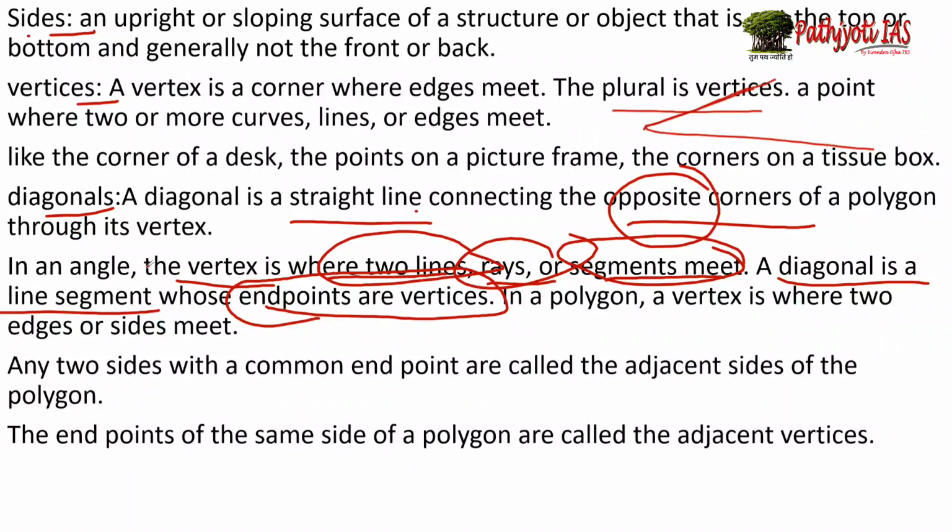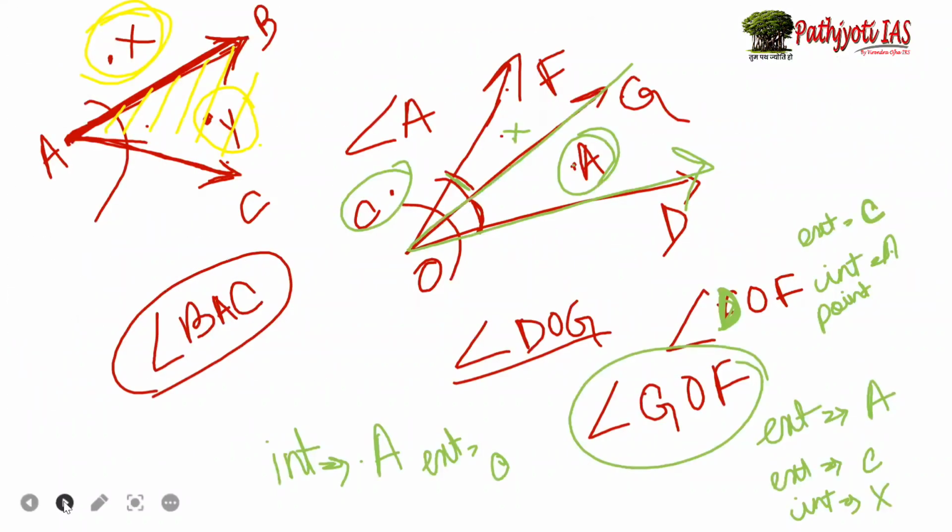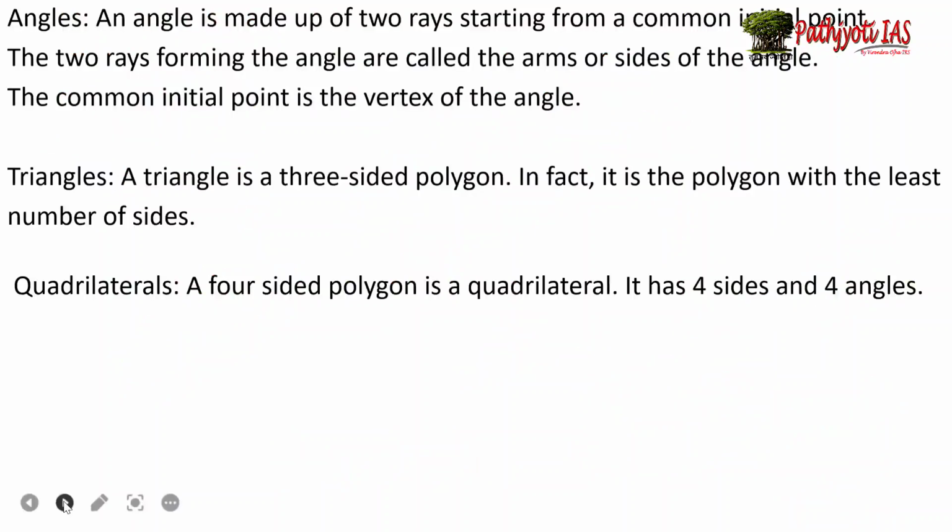Now we will move forward with angles only. Today we'll understand what angles are. We got to know the meaning of an angle in the last class, but today we'll understand a little further, which will be beneficial for us to approach a sum. So we'll begin with angles today.